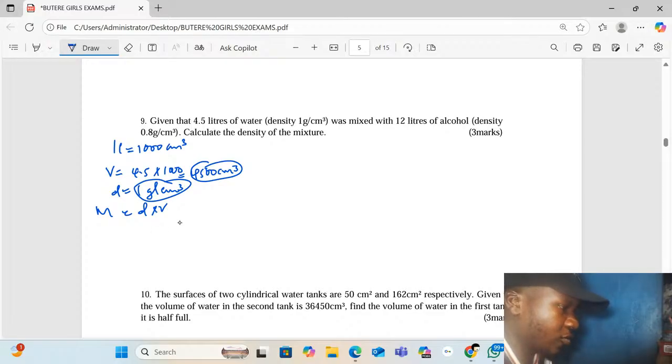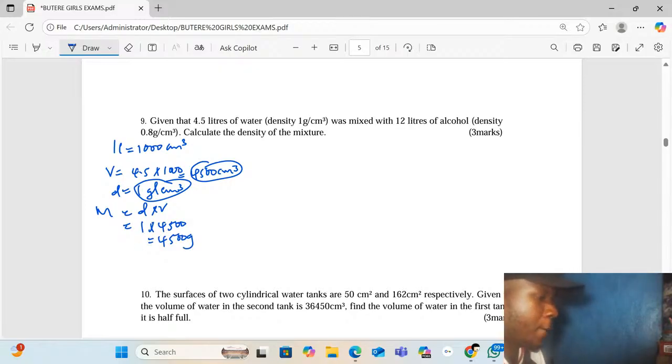So the mass of water is 1 times 4,500, so we have 4,500 grams. So that is now the mass of water.